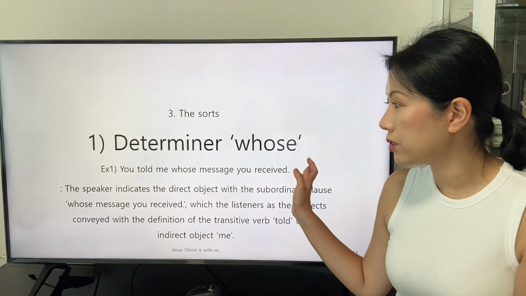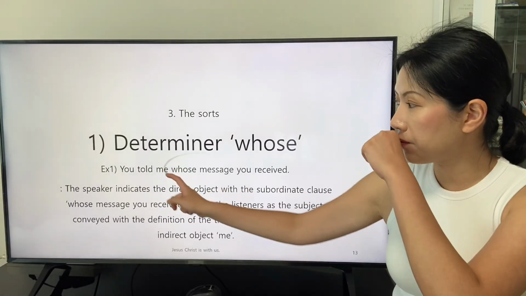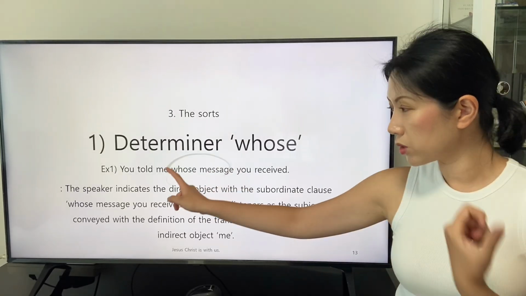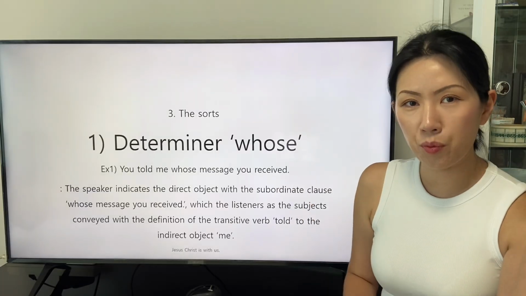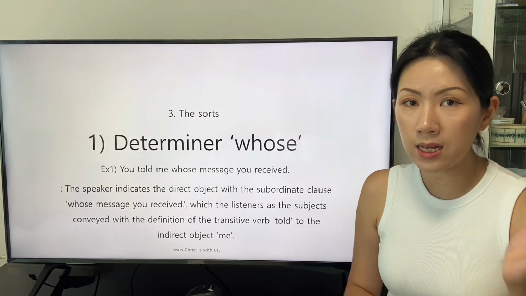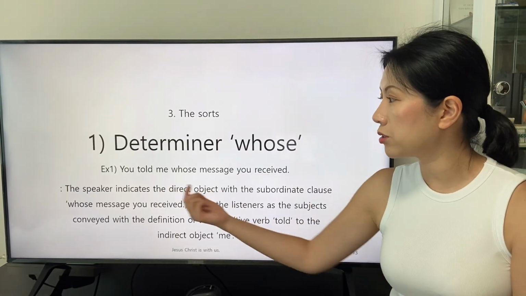In this sentence, we can find that the phrase of the general noun whose message has the role of linking the subordinate clause to the main clause.